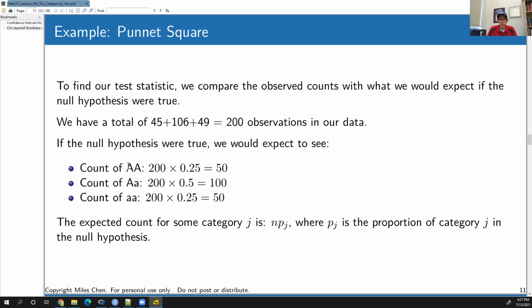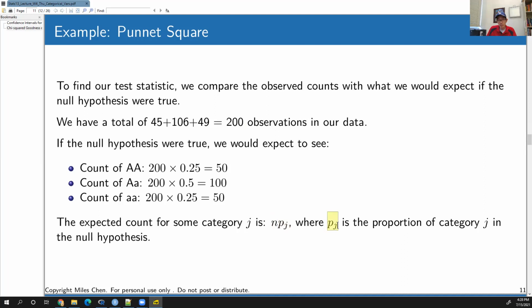Okay, is that okay as far as getting my expected counts based on how many observations total I have and the proportions we listed in our null hypothesis? Okay, so I hope that's all right. This is our expected counts, and notationally it's going to be n times p sub j.